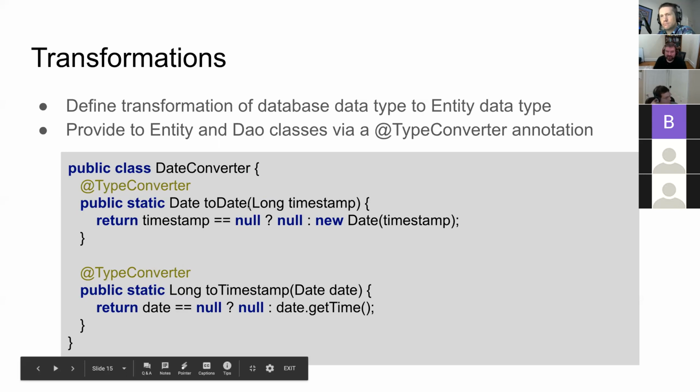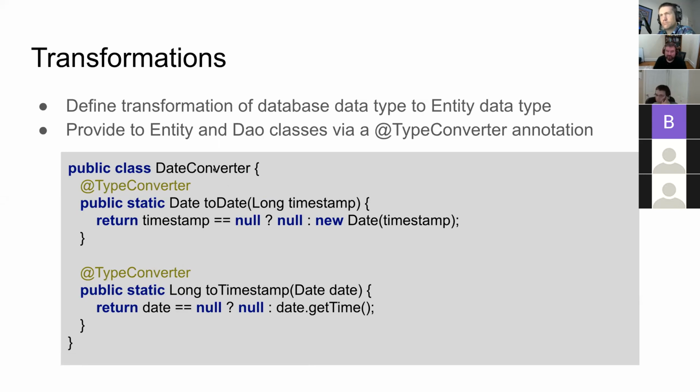You can do that in a type converter, and you just pass that to the entity and the DAO classes via this. So this defines these methods here, these static methods that return date and long.